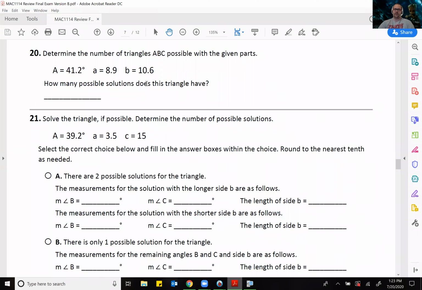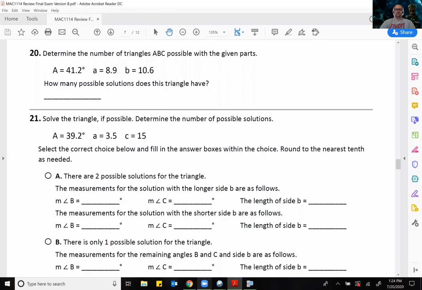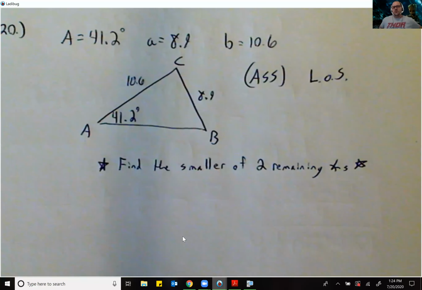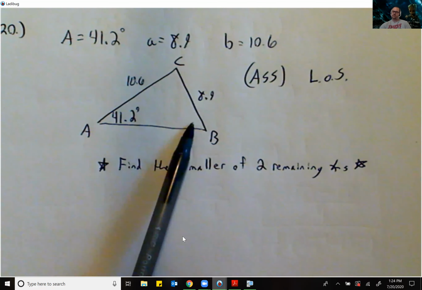A and B. Okay. So between these, we're going to find B next.